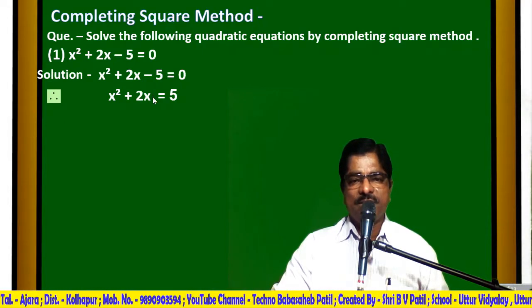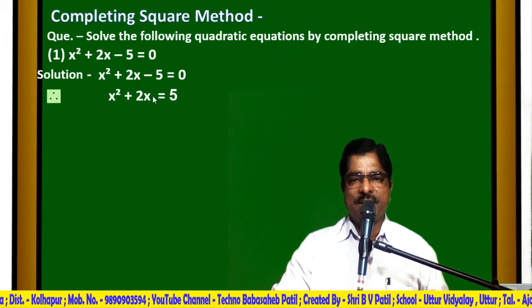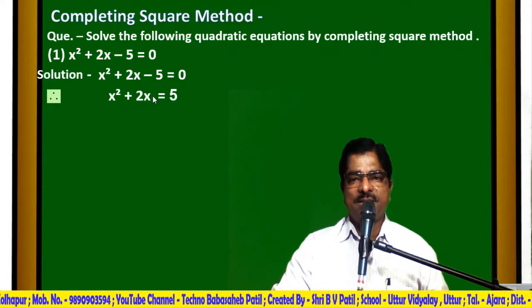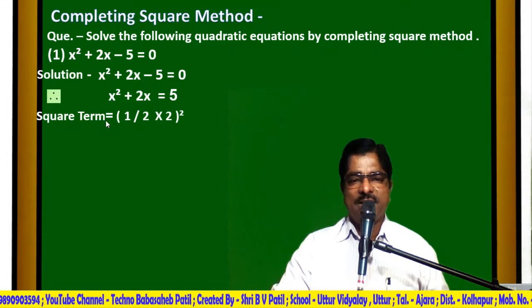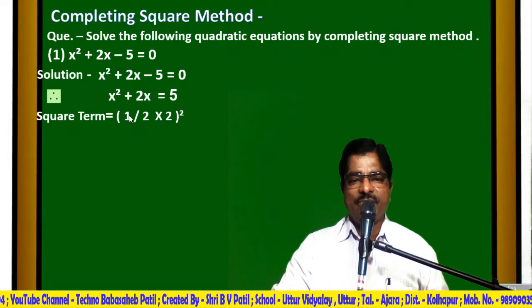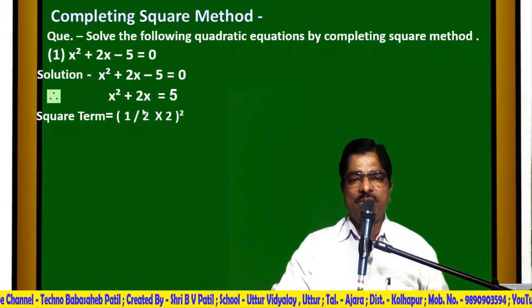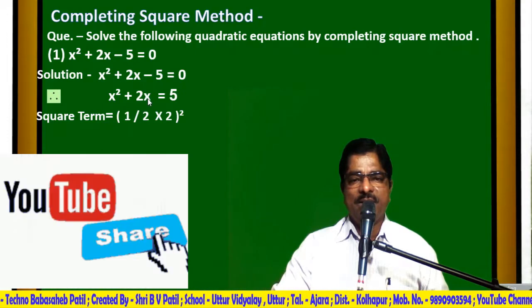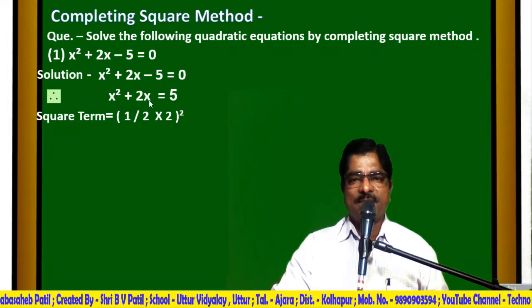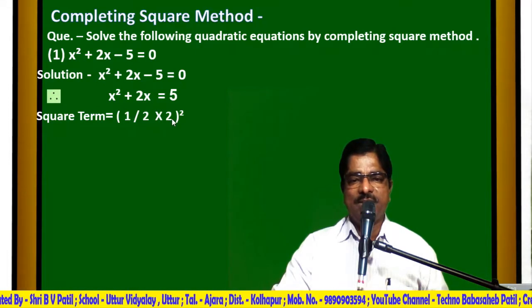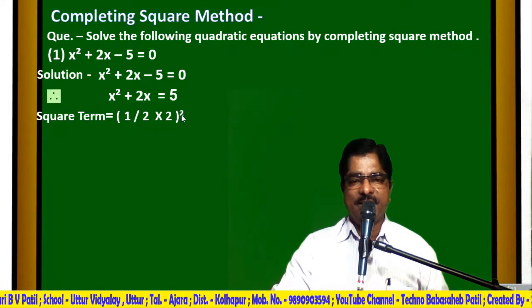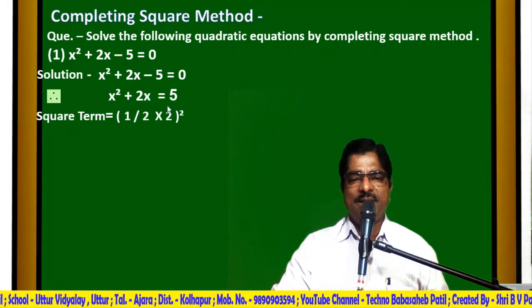Here we want a square term, which is called the third term. The square term is equal to the formula: in brackets, 1 upon 2 into the coefficient of the variable. The variable is x and its coefficient is 2. Therefore we write here 2 in brackets, squared. Then simplify, what do we get?